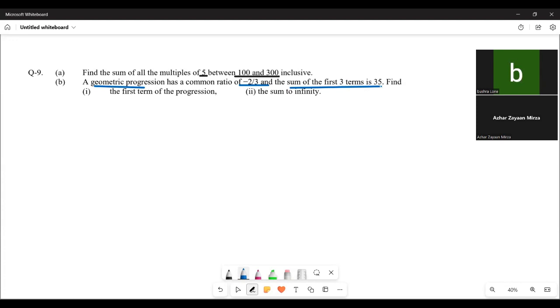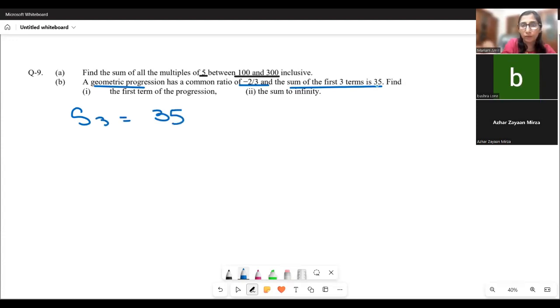All right, so we are given the sum of the first 3 terms. So S3 is given to us, that is 35. We're going to use the formula for Sn for a GP, which is A times (1 minus r to the power n) over 1 minus r.